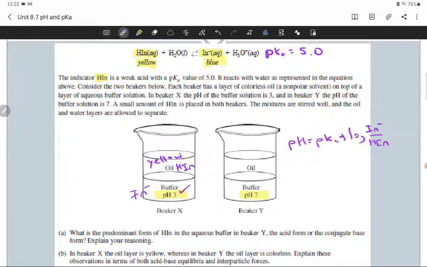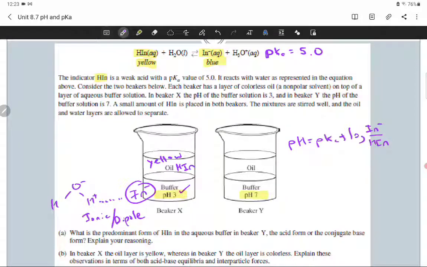And let's talk about why that would be happening. So here's water. And In minus would be attracted by ionic dipole. So that explains why the In minus is going to be in the water layer.